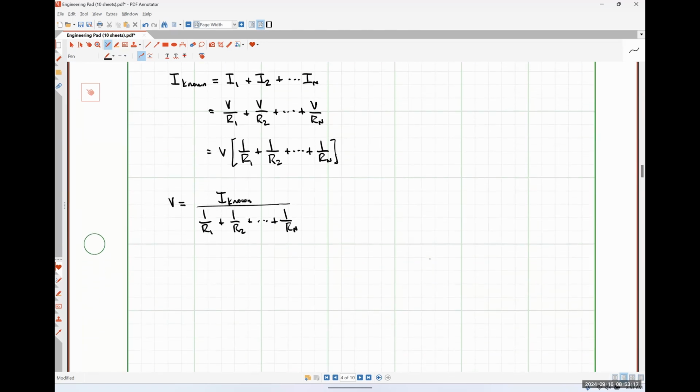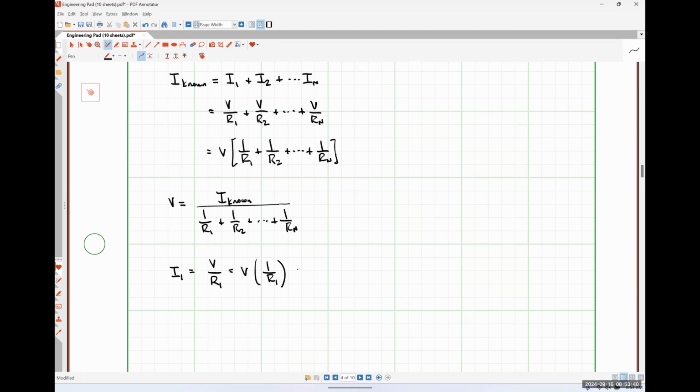So if I use Ohm's law, I could say that my current I1 is just V divided by my resistor R1. And another way to think about this would be V multiplied by a factor of 1 over R1.